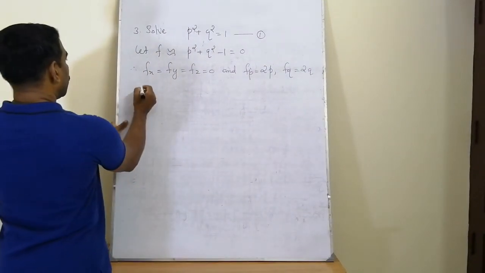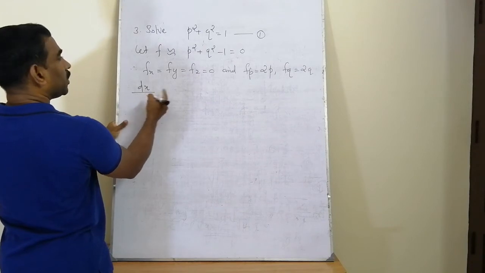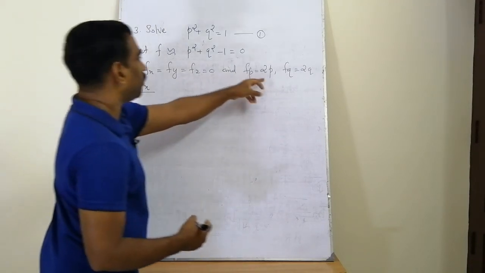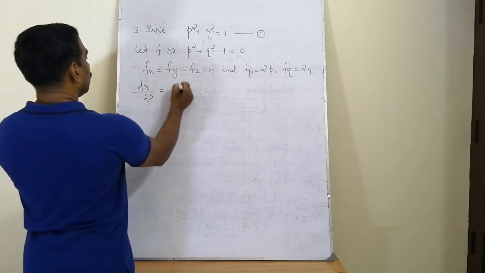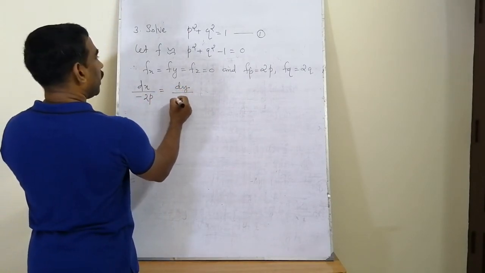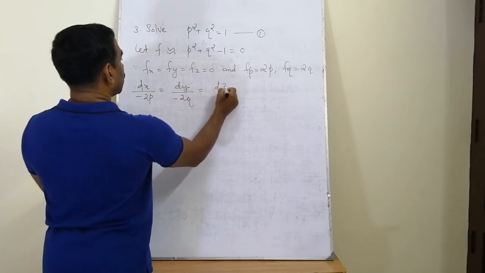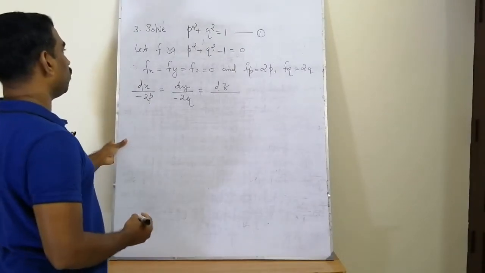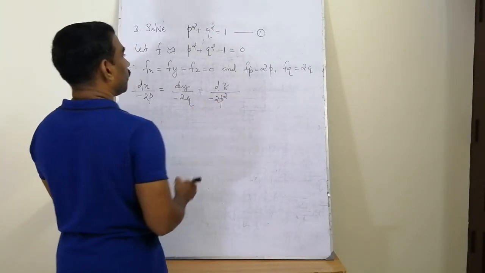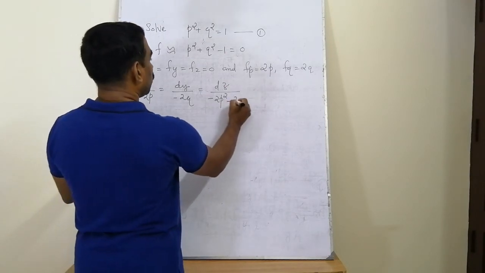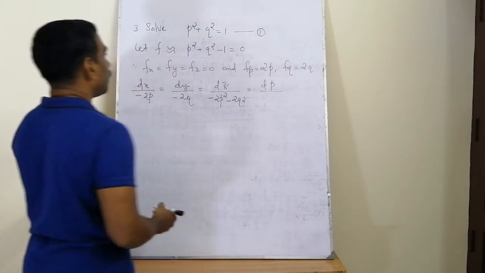Charpit subsidiary equations are dx by minus fp, that is dx by minus 2p, equal to dy divided by minus fq, that is minus 2q, equal to dz by minus p fp minus q fq, that is minus 2p square minus 2q square, equal to dp divided by fx plus p fz.